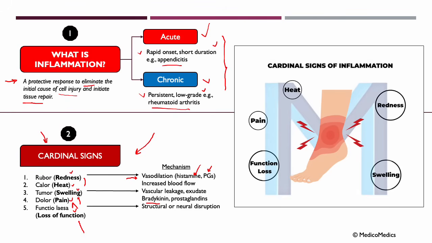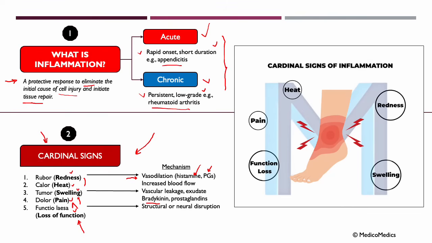Finally, we have the loss of function. This arises from both structural damage and pain-mediated disuse, and can be clearly seen in inflamed joints or in impaired organ function during severe inflammation. So, what's the clinical relevance here?